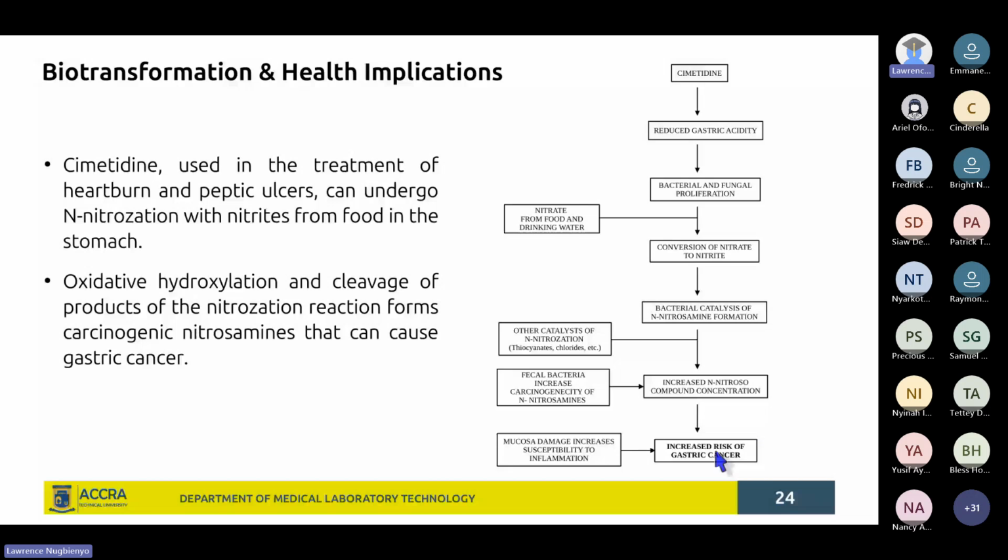So here again, you see biotransformation: cimetidine is being acted upon by bacteria and fungi, which is resulting in that.